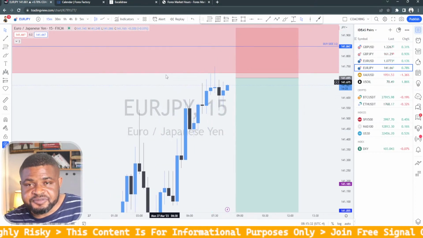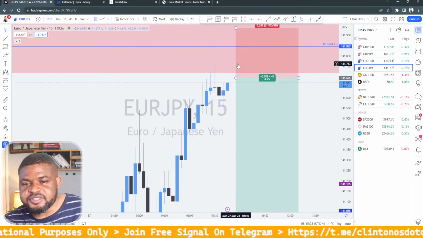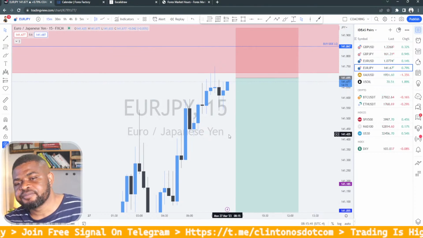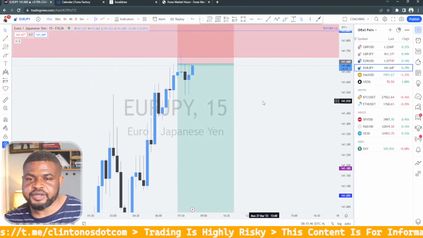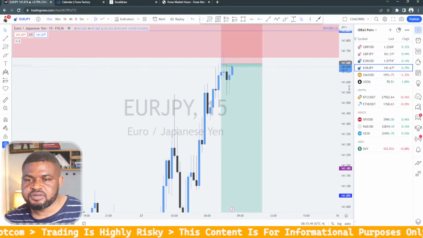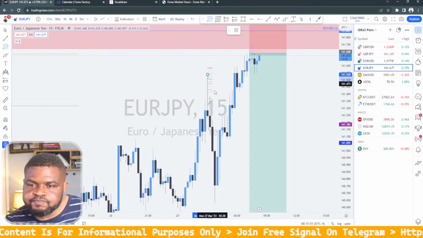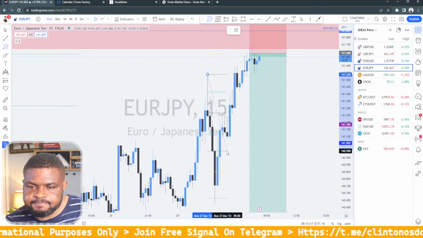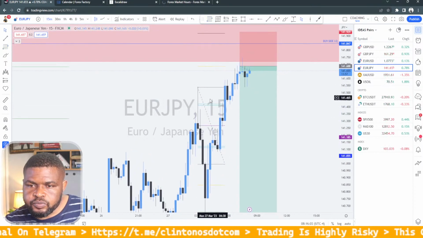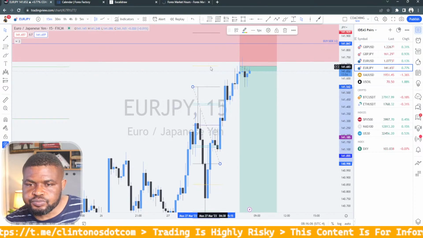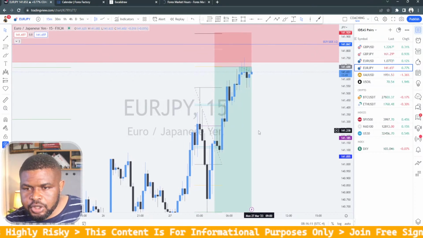It's an area where we are seeing rejection, so there's a possibility it rejects again or continues upward. So it's all good. Yeah, the entry, right?